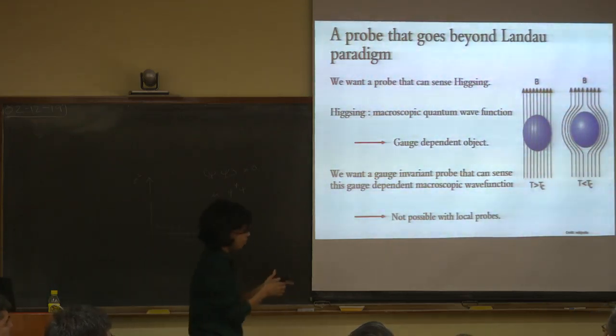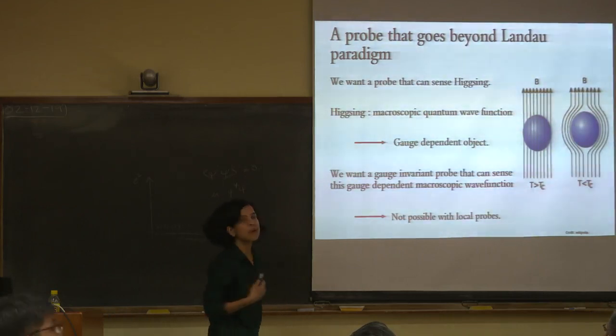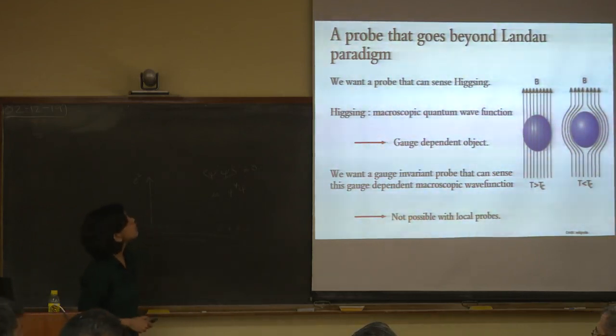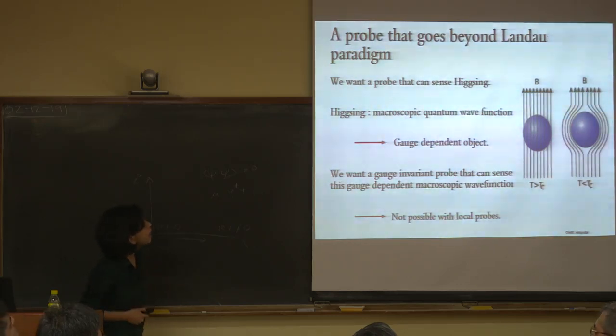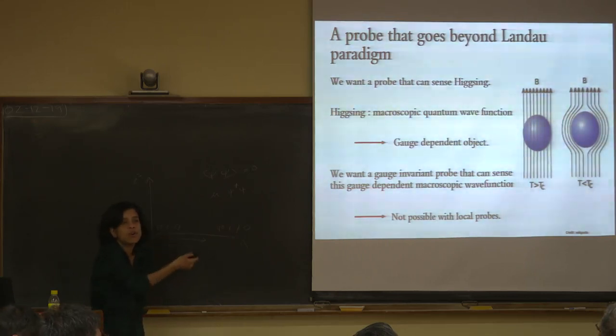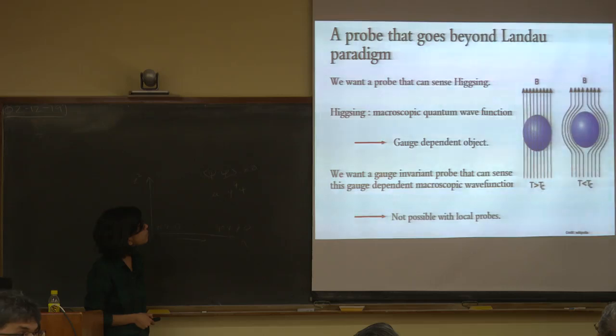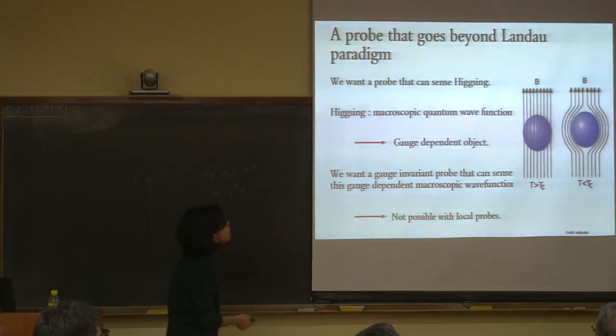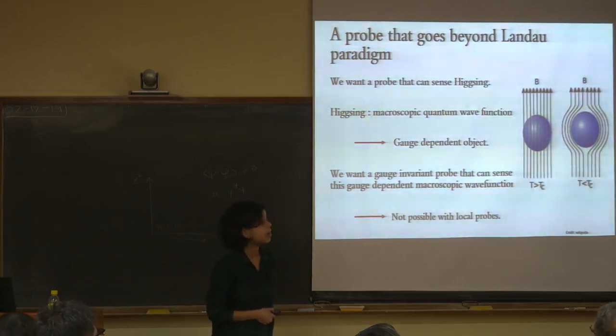So what do I want to do? I actually want to be able to detect the Higgs mechanism. I know that I have no local order parameter, which is being able to tell the difference between the two sides. So how do I look for such operators?